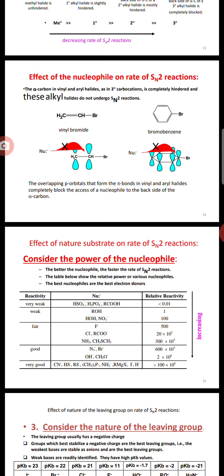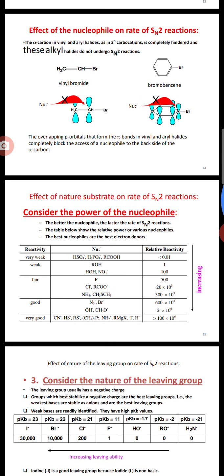And cyanide, hydrogen sulfide, alkyl sulfide, methyl phosphide, amide, Grignard reagent, iodide, and hydride are all very good nucleophiles. Their activity is much higher compared to the others.